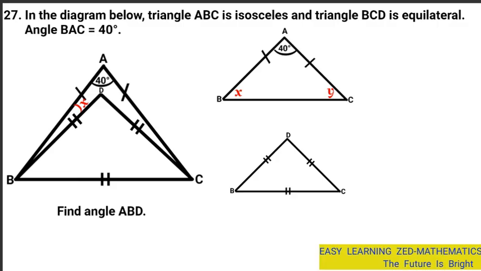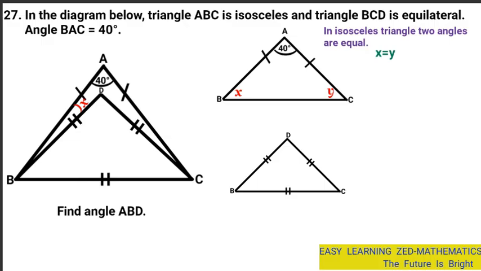So let's go to the property of angles in an isosceles triangle. In an isosceles triangle, two angles are equal. In our case, angle X and angle Y are equal.